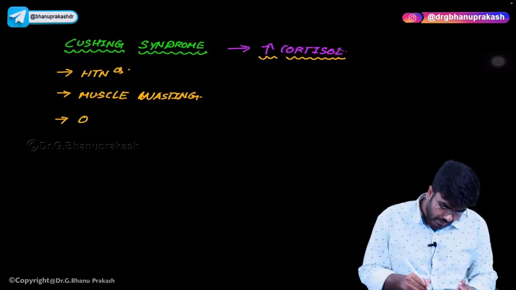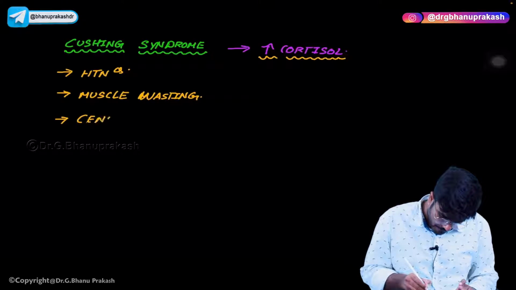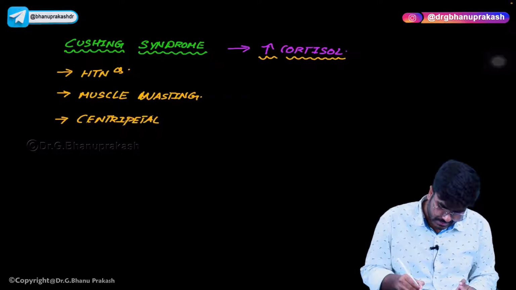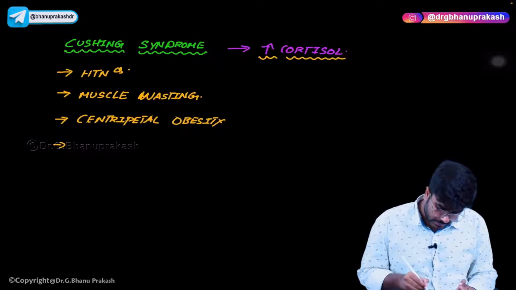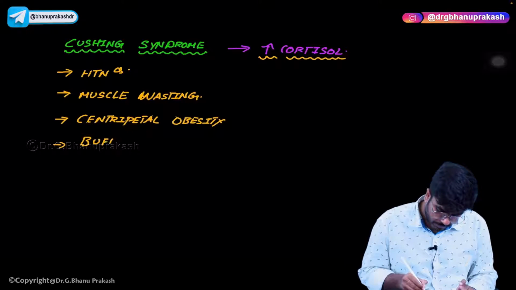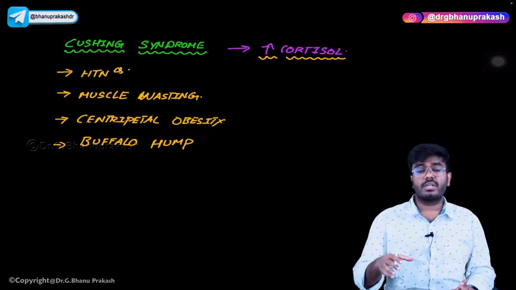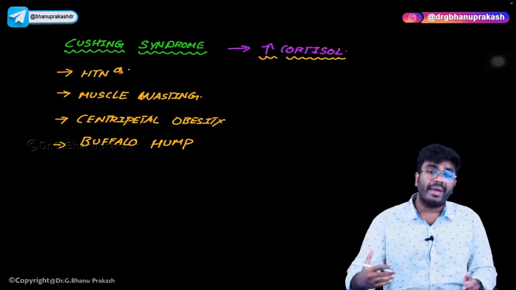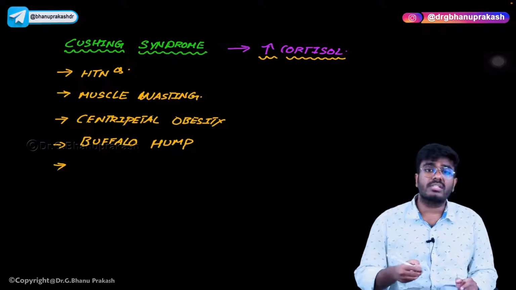And the patients will be having, as I have already taught you, centripetal obesity. Also these patients will have a buffalo hump. It's nothing but deposition or proliferation of adipocytes, especially on the back, that's causing the buffalo hump.